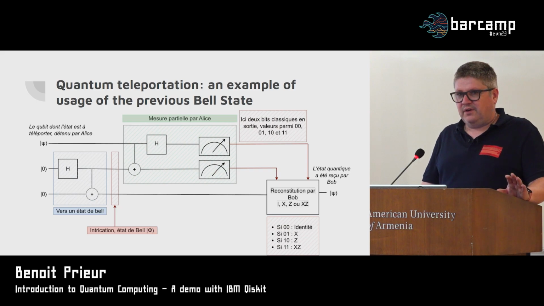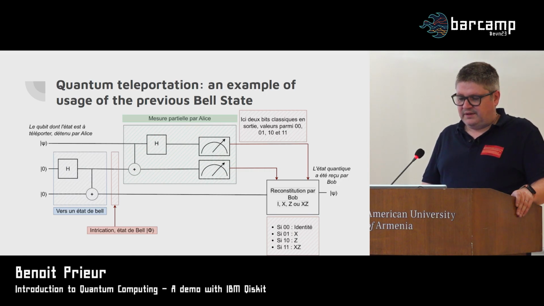Our circuit is here. It's the circuit of teleportation. Here I have a value I want to send, possibly 10,000 kilometers away, and I have an intermediate qubit here, and the first operation is to entangle this qubit with this one.